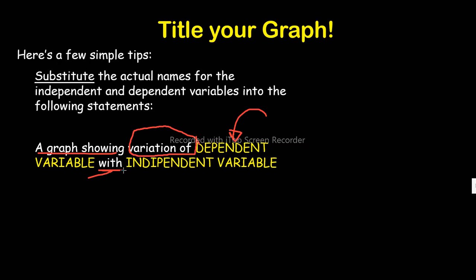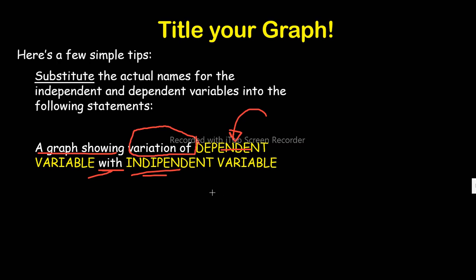So it is variation of the dependent variable. If you write this first before this, I'll cross that title. That title won't make good sense. It is dependent varying with the dependent variable. No units in the title. Don't even get tempted to put units in the title.